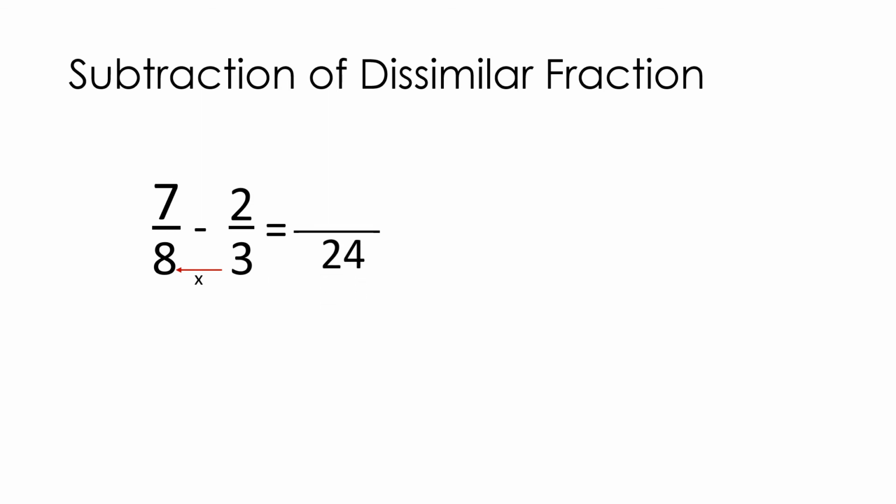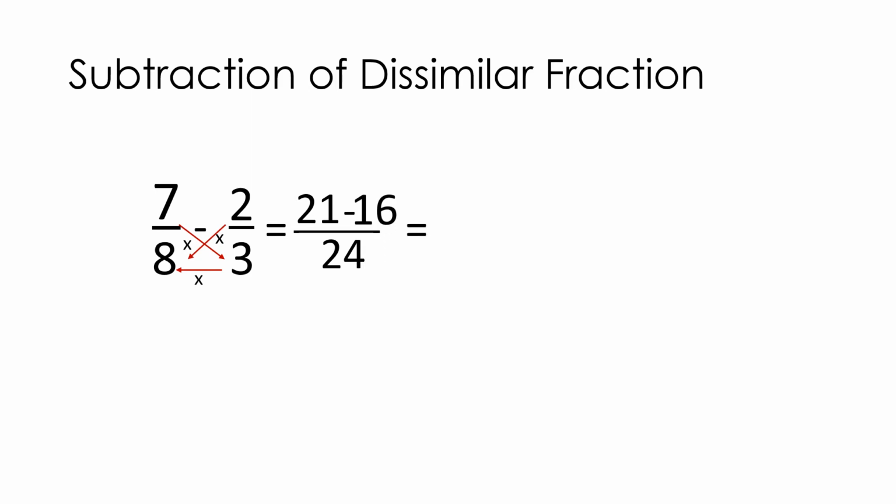Cross multiply 7 to 3. So 7 times 3 equals 21. Copy the minus sign, then cross multiply 2 to 8. So 2 times 8 equals 16.